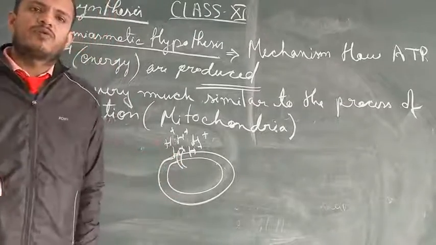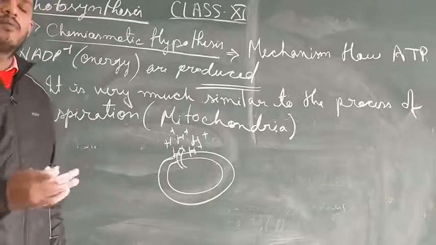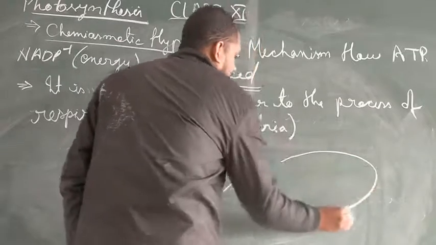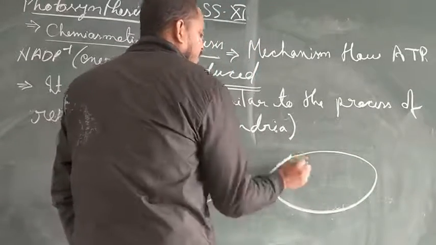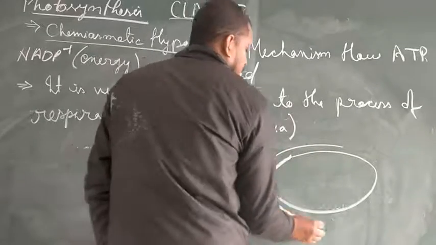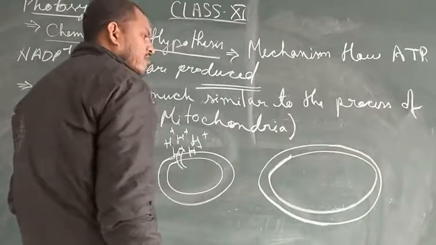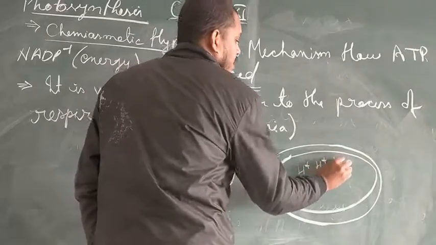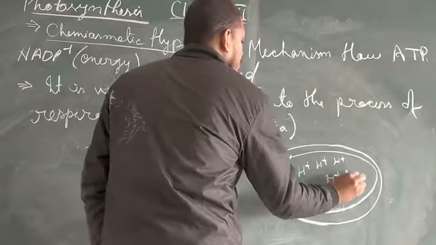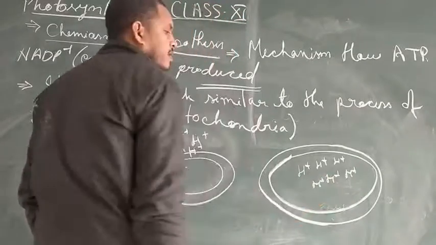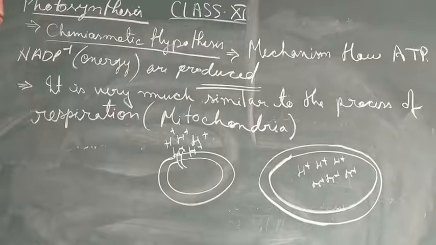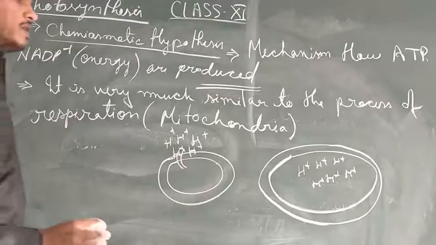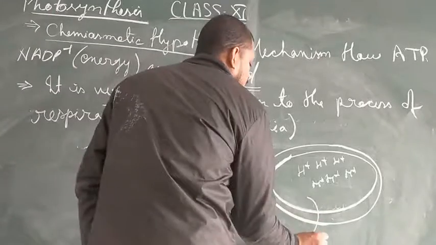But in the chemiosmotic hypothesis, in the case of plants, it takes place in the chloroplast, and we all know that the chloroplast is a double membrane bound structure. Here the proton gradient is higher inside the lumen. So the breaking down of the proton gradient would be from inside to outside.